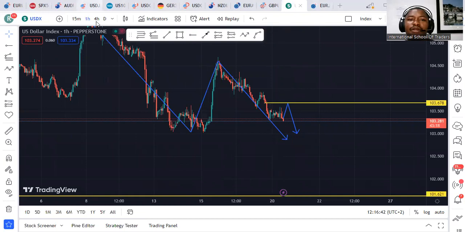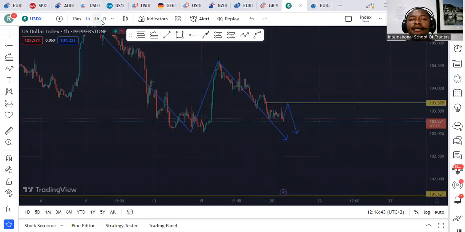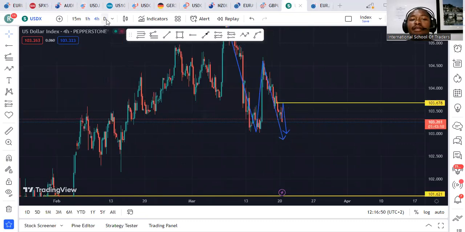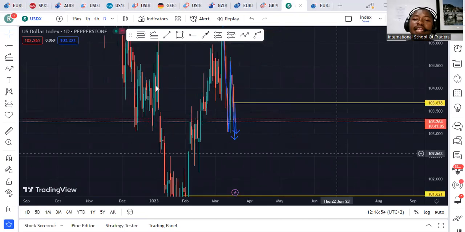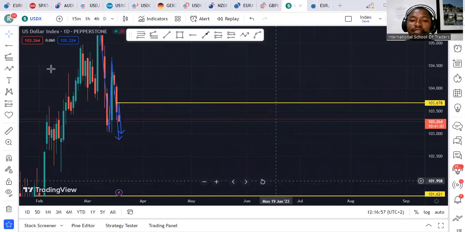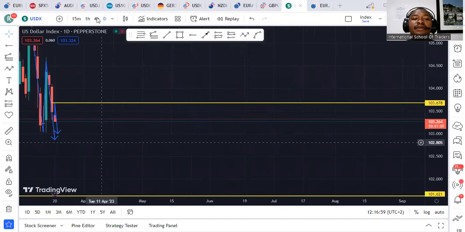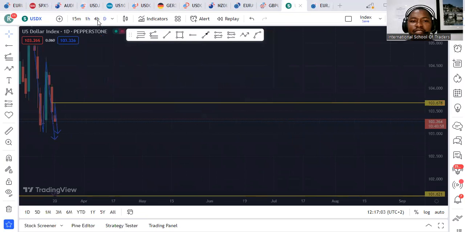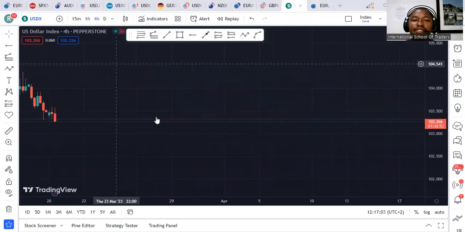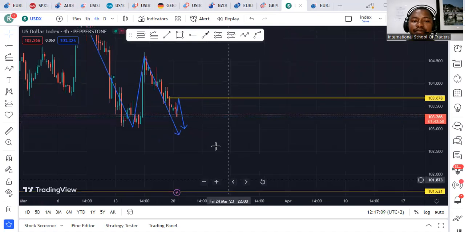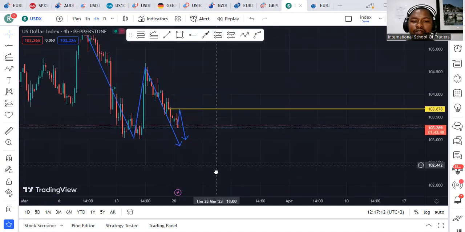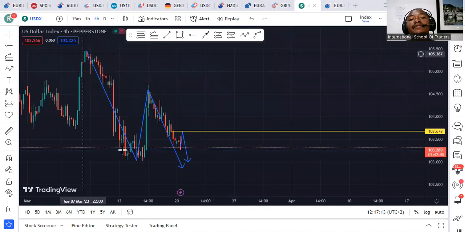By looking at bigger time frames like the 4-hour and the daily time frame, you can already see that this market has thrived over the last couple of days to give us this beautiful bearish market. But let me just look at it on our time frame so that it can be clear for you guys. So you're looking at these markets giving us these lower lows and lower highs.